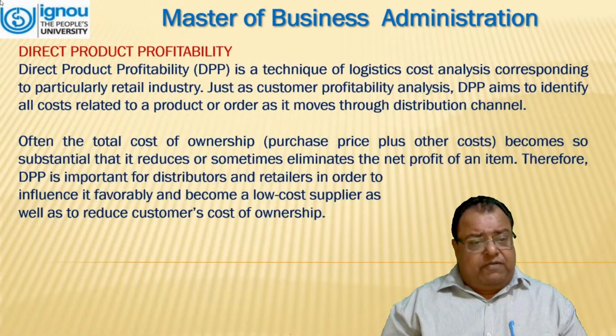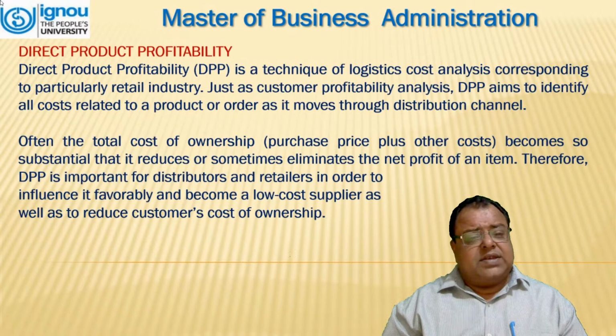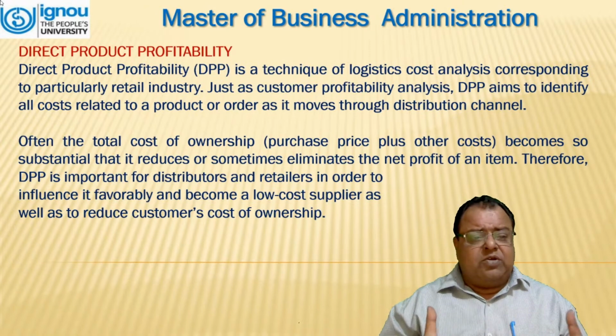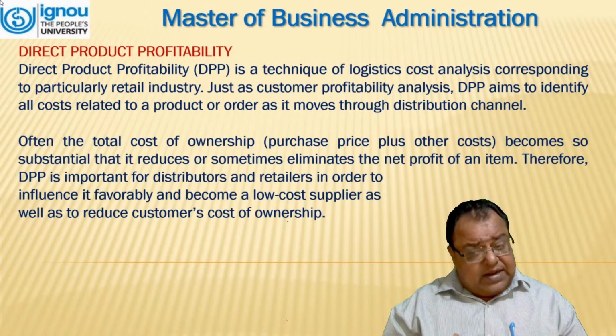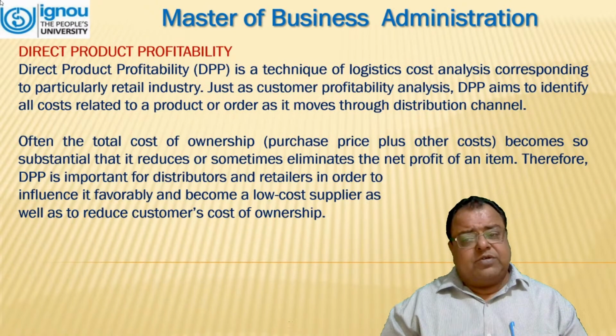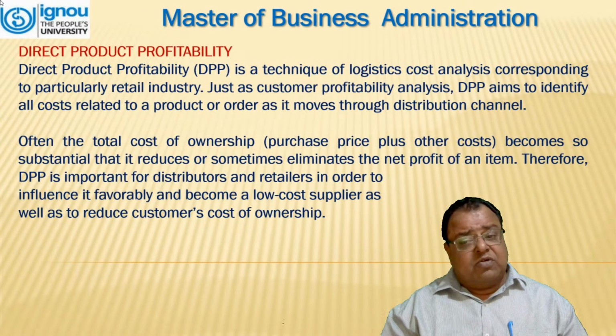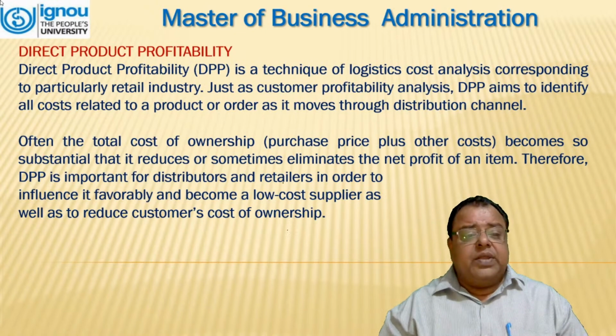Direct product profitability, what we call DPP, is a technique of logistics cost analysis corresponding particularly to the retail industry. Just as customer profitability analysis, DPP aims to identify all costs related to a product or order as it moves through the distribution channel.